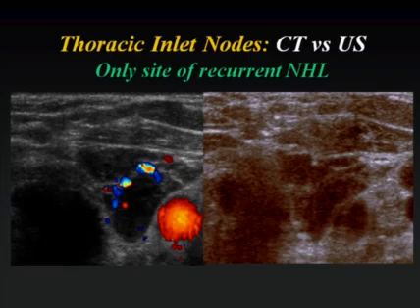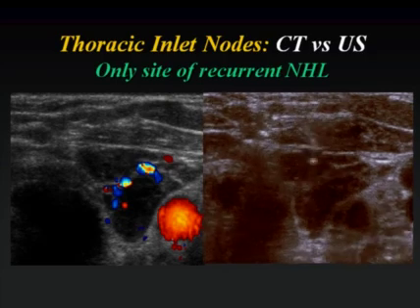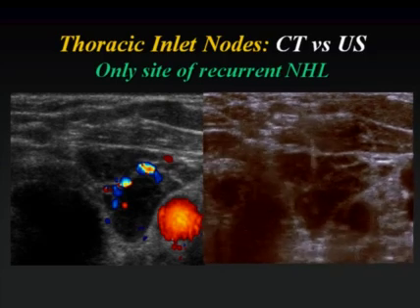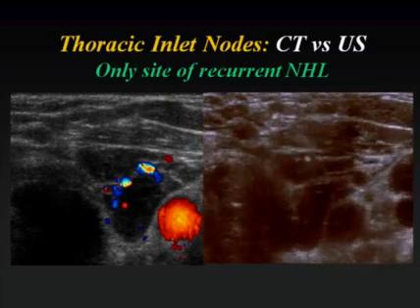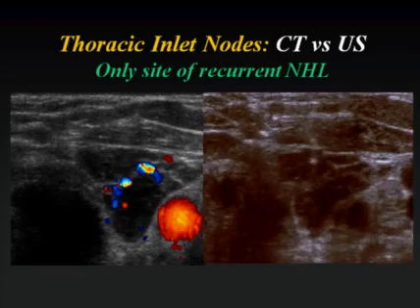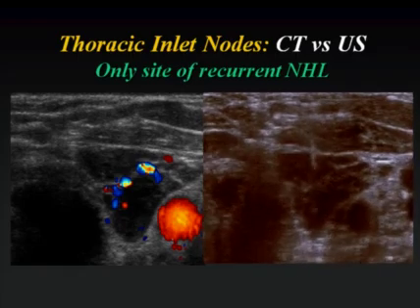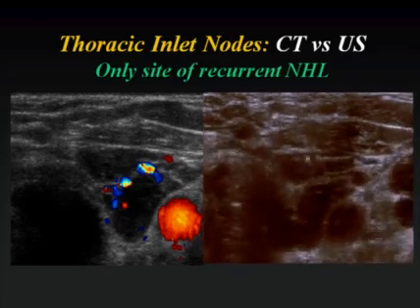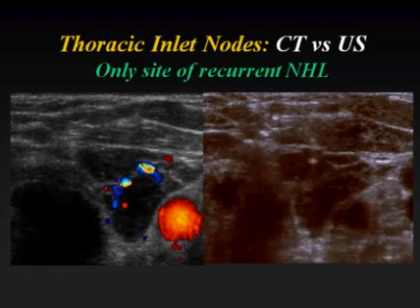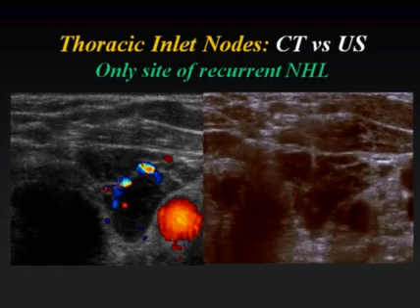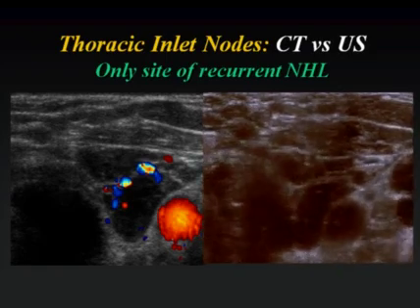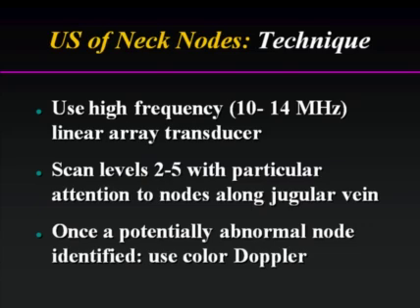And of course, if we can identify things with sonography, we can then go on to biopsy. And this is an example of a recurrence of non-Hodgkin lymphoma that was much better detected with ultrasound rather than CT. The point to be made is that there are certain anatomic areas like the thoracic inlet where ultrasound excels.